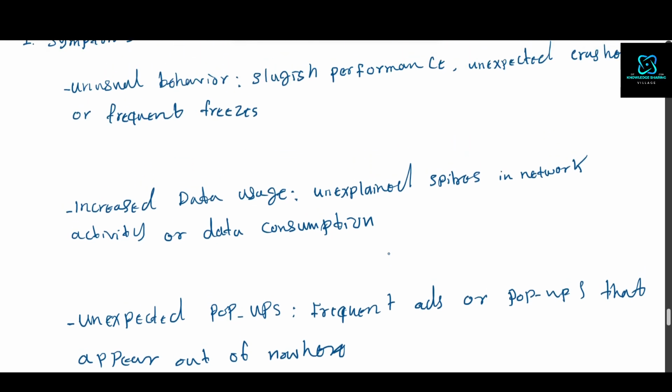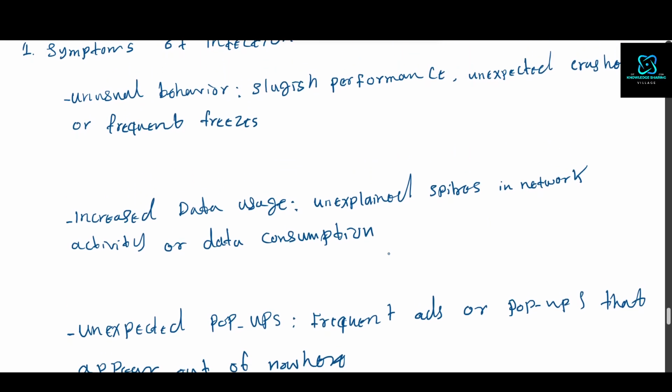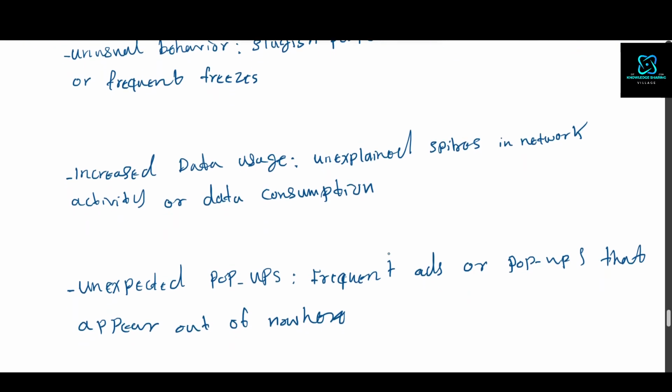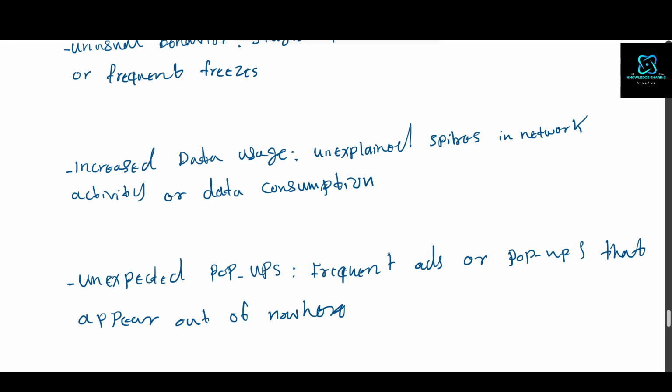So if your device has these signs, unusual behavior, increased data usage, or unexpected pop-ups, it is a symptom of infection, indicating that your device may have been infected. It is not 100%, but it may have been infected.